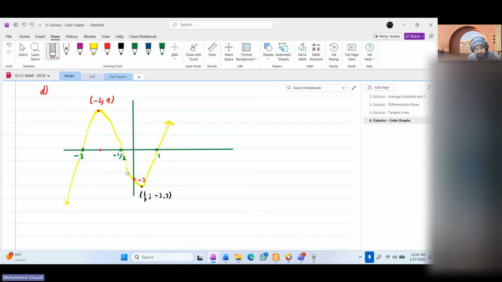So just try to draw your graph properly. It's going through that, yeah. Right, so this is my graph of f. It shouldn't be a straight line, it's a curve, right? Yeah, just make sure how you're sketching the graph. That's a curve.